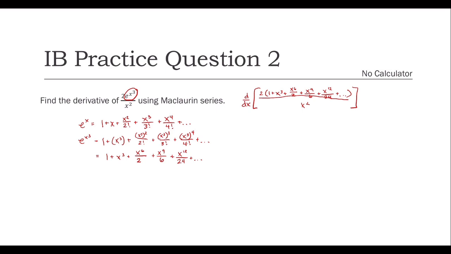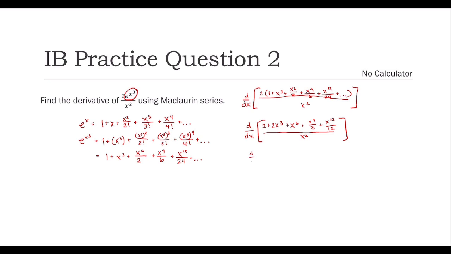We can distribute the 2 in the numerator to get d dx of 2 plus 2x cubed plus x to the 6th plus x to the 9th over 3 plus x to the 12th over 12, all over x squared.